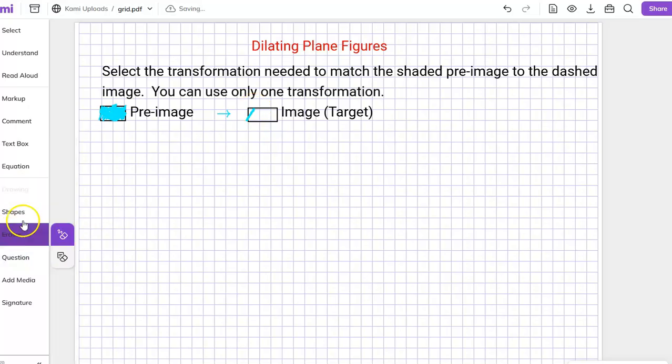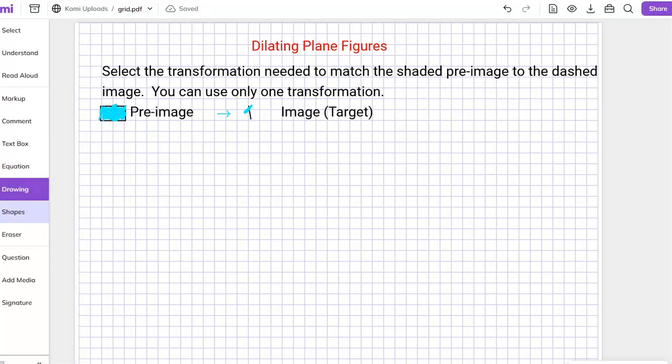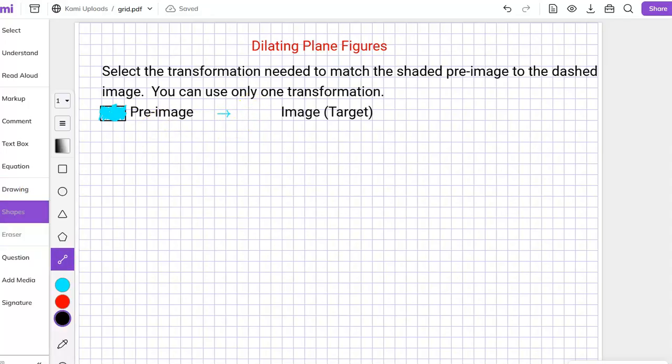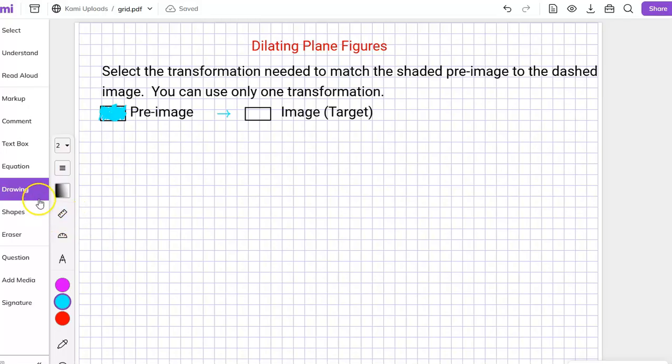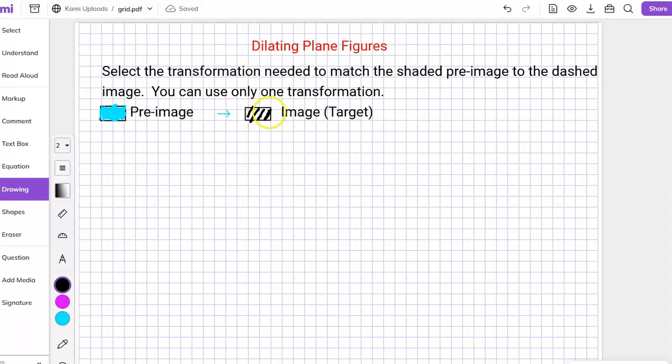Oh, erase that. Let's try this again, black. There we go.